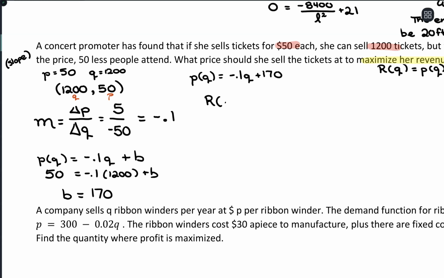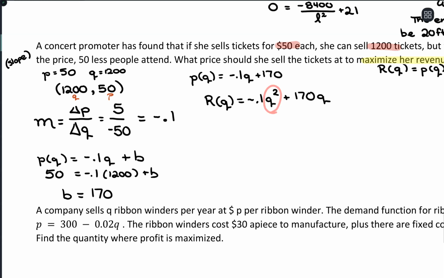Which means our revenue function, R of Q, is going to equal taking that function and just multiplying Q through. So it would be negative 0.1 Q squared plus 170 Q. Okay, so we have our revenue function, and now we want to maximize it. Again, I'm going to keep mentioning this because we do want to make sure we are in fact finding a maximum.